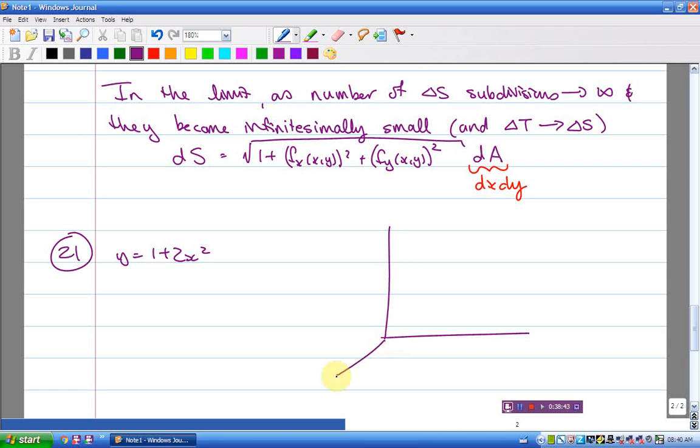Okay. y equals 1 plus 2x squared, in the xy plane, that's a parabola. But if I turn it into a surface, it's a parabolic sheet. I'm deliberately drawing dotted lines because I know I don't want all of it. Something like that. It's a piece of a parabolic sheet. I already know I'm only interested in the first octant, so I'm not bothering with the side that's behind. x equals 0.